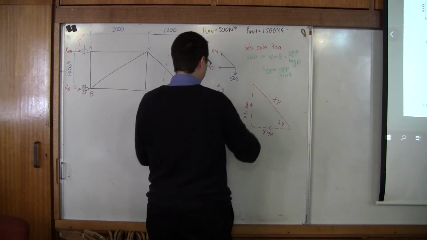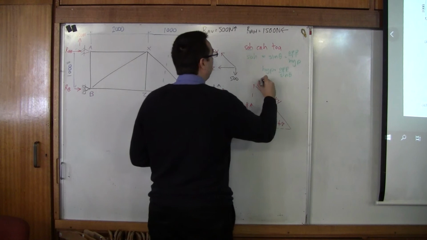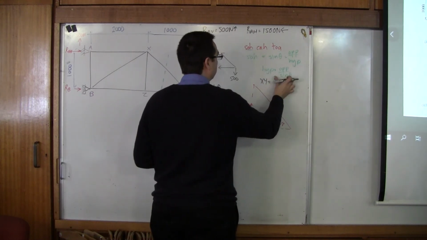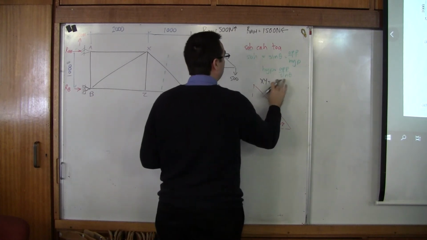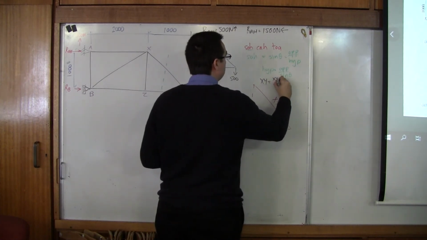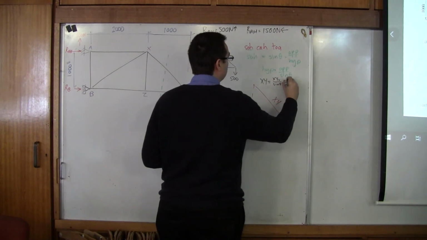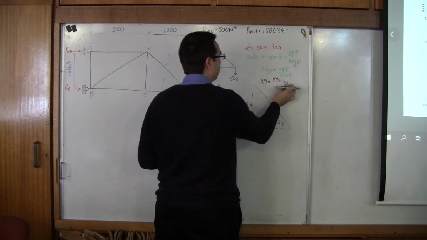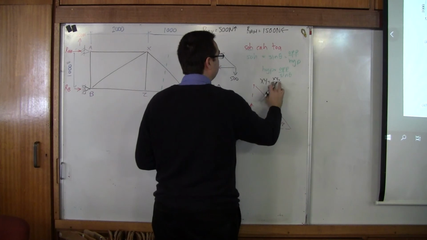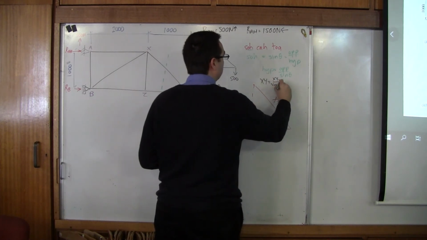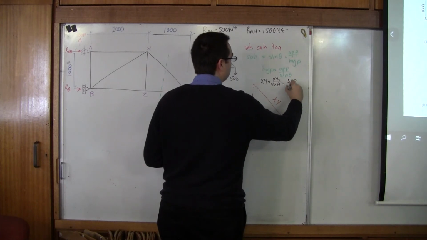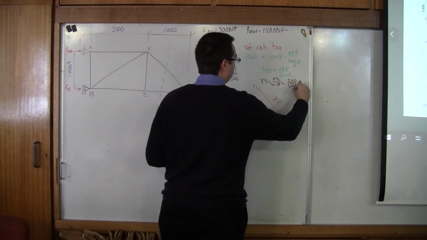Which means that XY equals XYV divided by sine 45, which means 500 divided by sine 45.